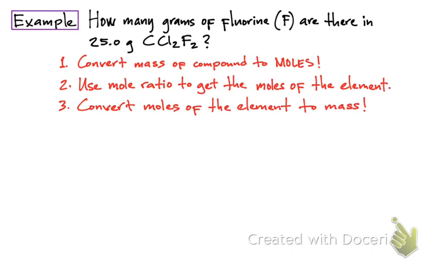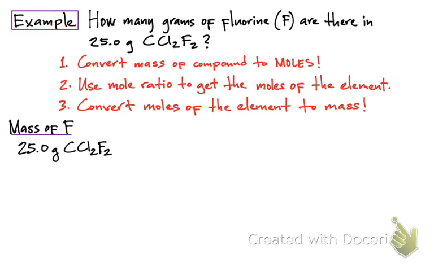And once you've determined the moles of fluorine, you convert that to mass of fluorine, because you're trying to find the mass of fluorine here. So we have 25 grams of the compound. We convert this to number of moles.